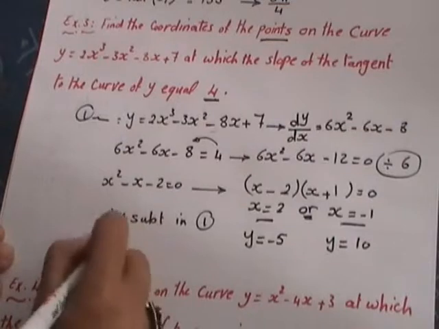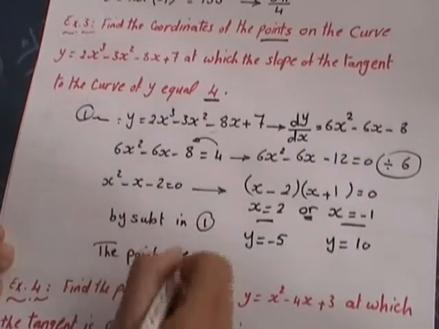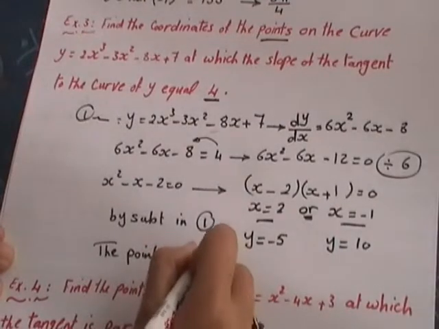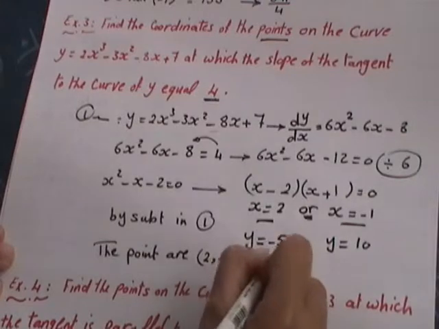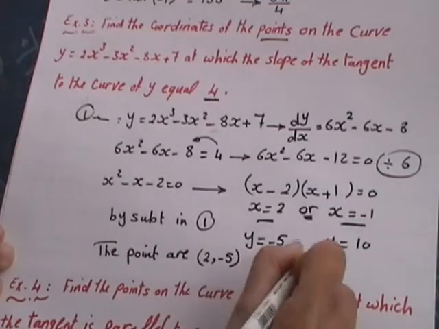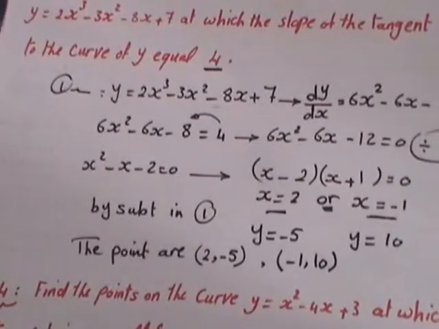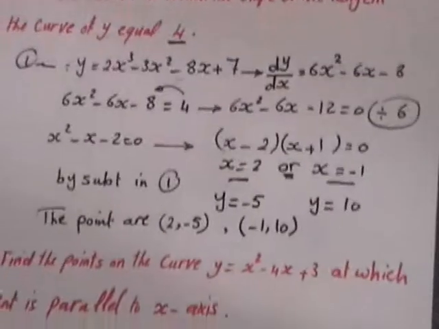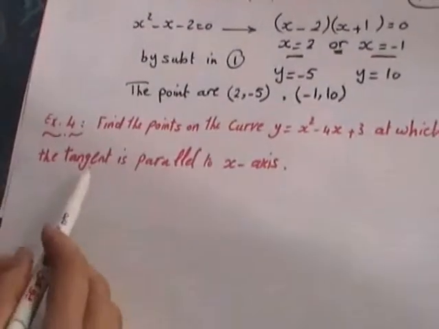So the 2 points are the first point 2 and negative 5, and the other is negative 1 and 10. So we find the 2 points on the curve at which the slope of the tangent to this curve equals 4. Another question about this lesson, question 4.